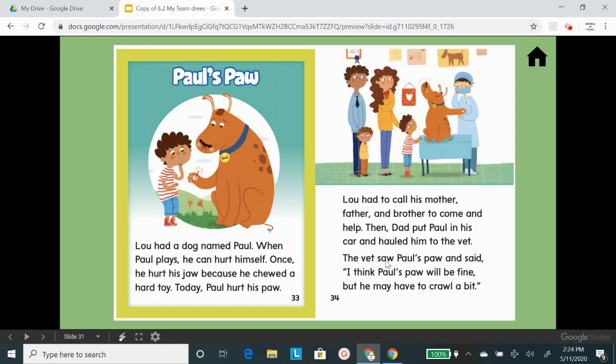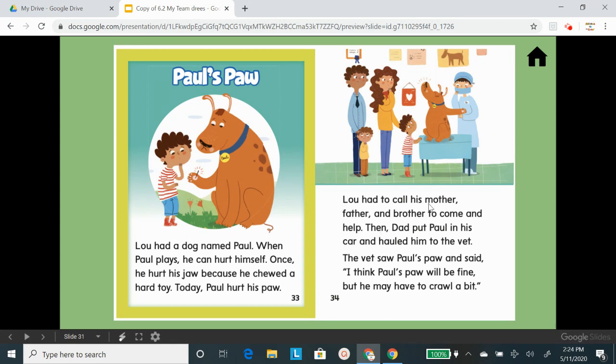The vet saw Paul's paw and said, I think Paul's paw will be fine, but he may have to crawl a bit. Let's read that together.